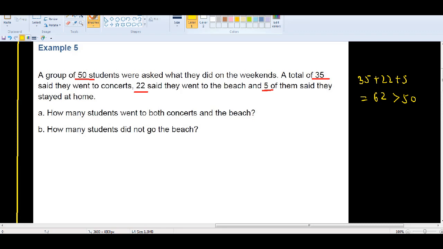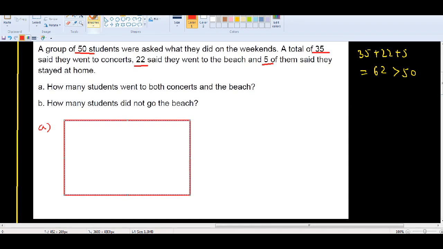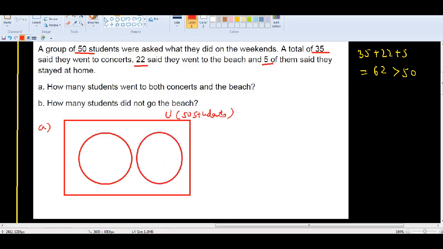Okay, so let me draw. There are many ways to do it, I have to admit, but let's do it properly by drawing a Venn diagram first. So that's universal set U with 50 students in total. Here's the set of concerts and also the set of beach.